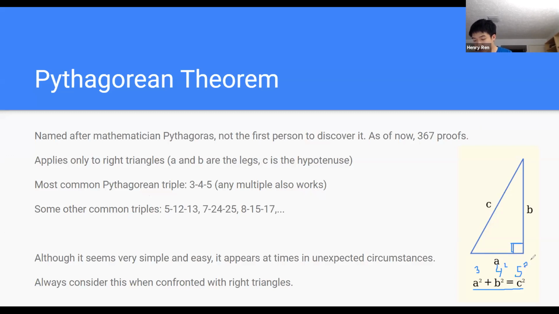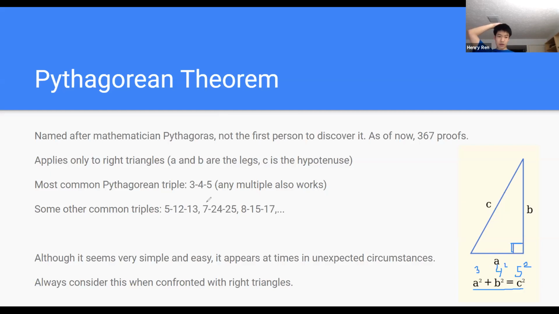For Pythagorean triples, you can multiply these numbers by any ratio to form another right triangle, because of similar triangles. You'd multiply 3, 4, and 5 by 3, and you'd have 9, 12, and 15. That is also a right triangle. Same goes for 5, 12, 13, 7, 24, 25, and so on.